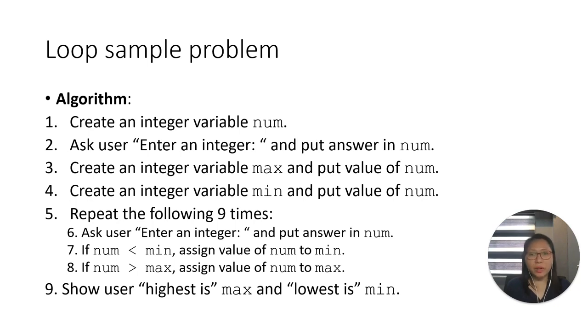Create an integer variable min with an initial value of num. And repeat the following 9 times: ask the user for an input integer, and if num is less than min, assign the value of num to min. If num is greater than max, assign the value of num to max. And when this loop is done, show to the user the highest is max and the lowest is min.